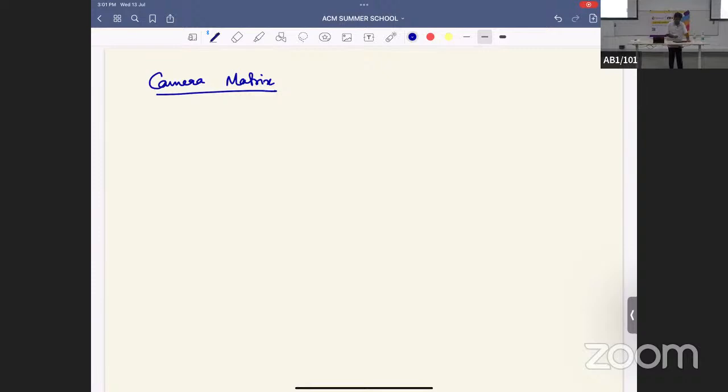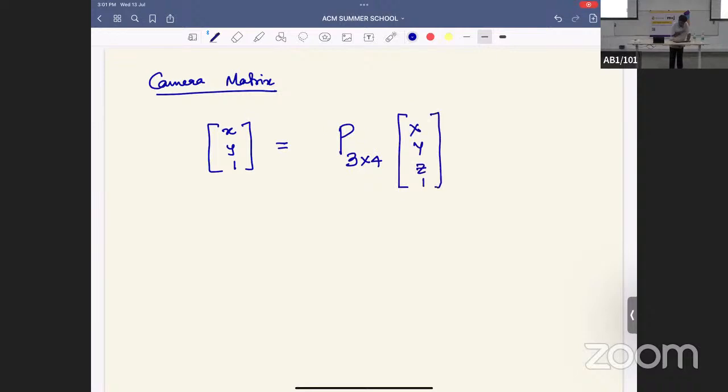So now let's write down the camera matrix. Any 2D point in the image is related to a 3D point, and I'll use a different X, Y, Z for both, through this camera matrix. That is the reduction which is happening.